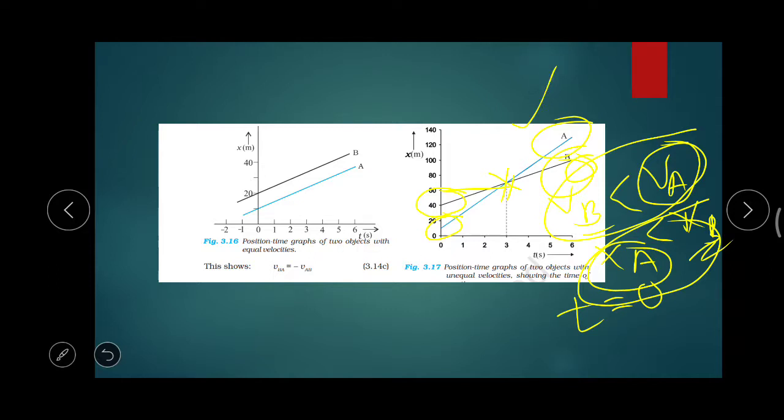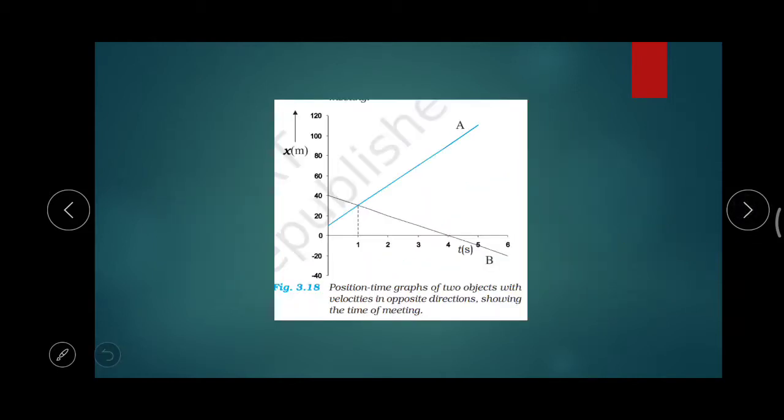As well, a third one. In this one you can see A is moving in one direction, that is the positive direction. B's position graph goes from positive to negative, that is the slope is negative and it is moving in the negative direction.